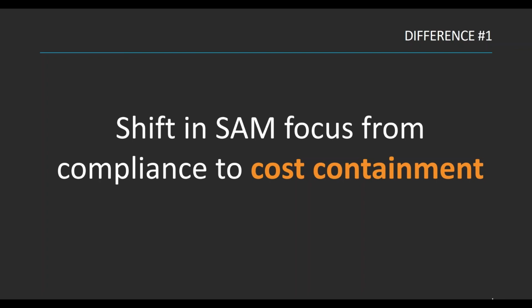So what will shift for software asset management and IT leaders in this new cloud-centric world is not the core values that SAM provides, but rather the relative importance, the relative focus of those values. As cloud adoption increases, the focus on compliance will lessen, though again, not go away, and the focus on cost containment will increase.